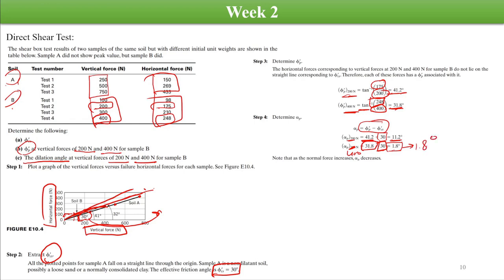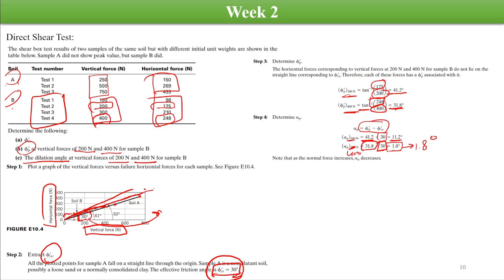So the thing to note here is that we have conducted several tests, three tests here, four tests here. If you consider sample B, because it has reached the peak value and then the critical state, we'll see the critical state friction angle is not varying with the normal loading conditions, right? It is going to be constant, that is 30 degrees.